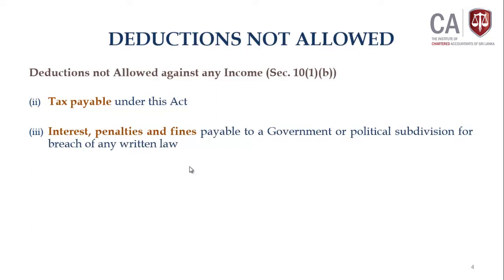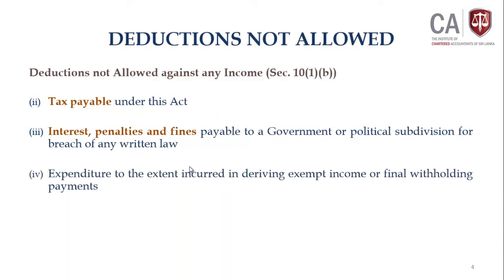Okay. So, like income tax penalties, surcharge on EPF, ETF, fines imposed by the customs, penalty paid to the customs and any other government body, you can cite as examples for this particular item.